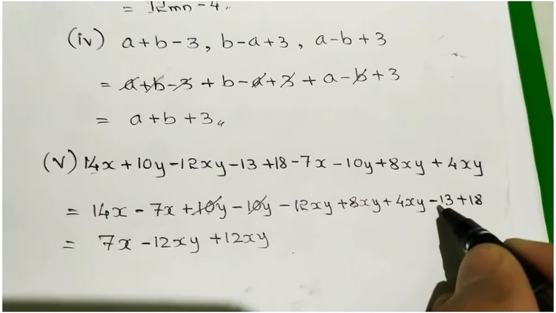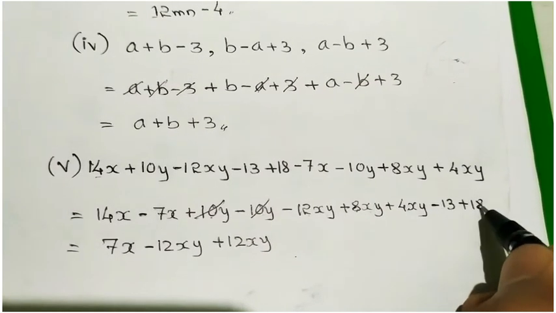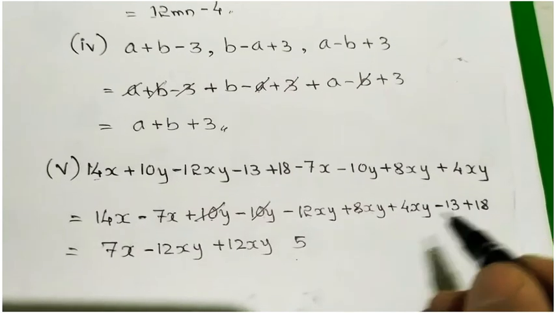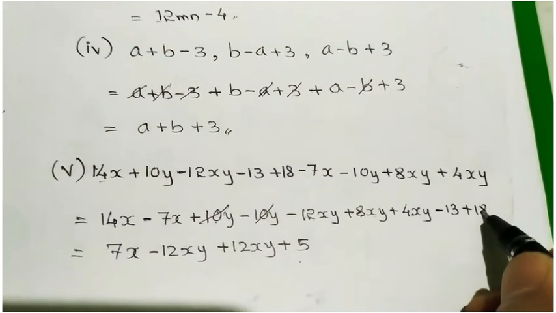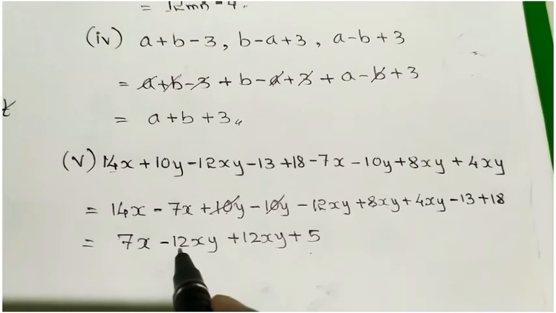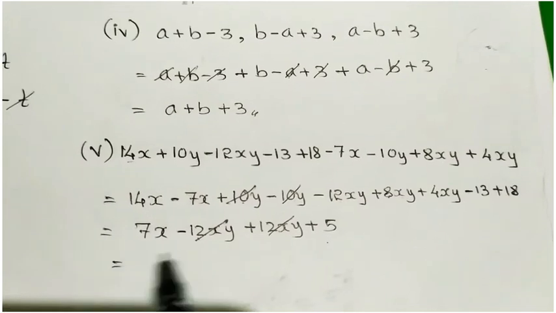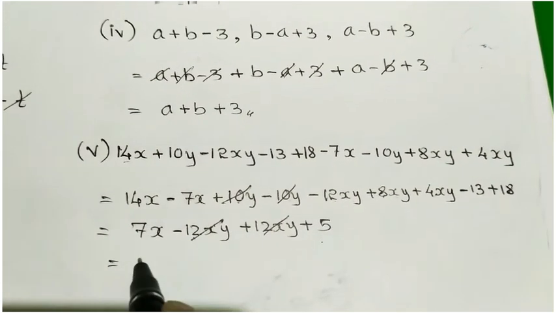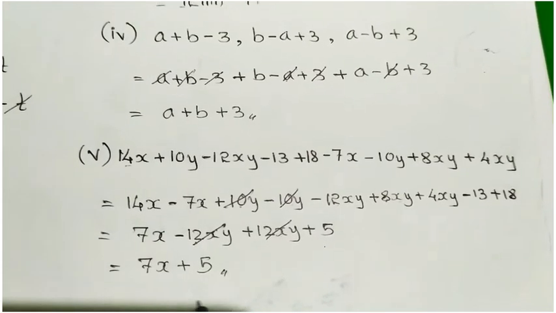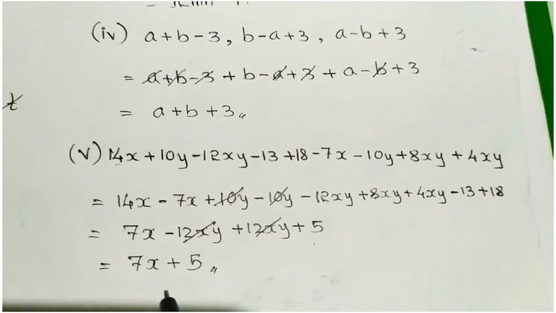And here minus 13 plus 18, minus plus, we have to make here subtraction, 18 minus 13, it will be 5. Which 5? Plus 5, because 18 has the bigger plus sign. Now minus 12xy plus 12xy get cancelled because those are 0. What is left? 7x plus 5. So this is our final answer. The other 5 problems are for your practice.